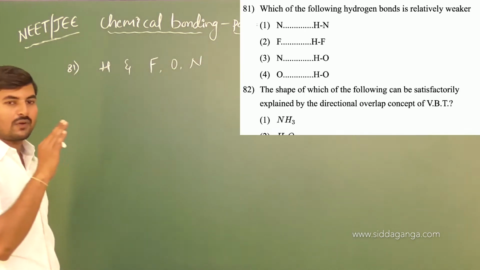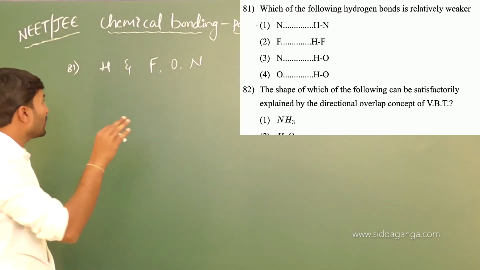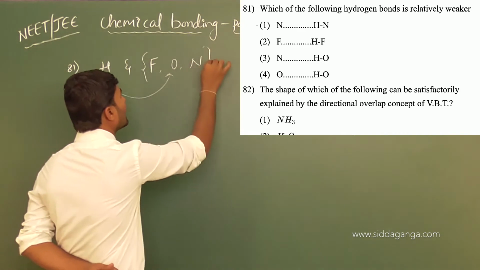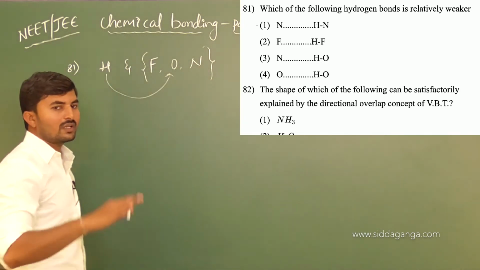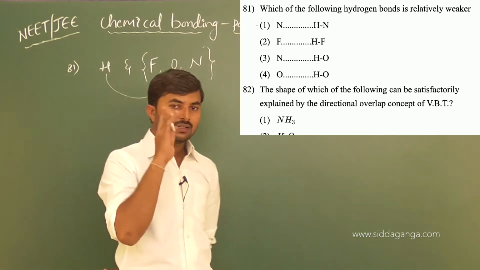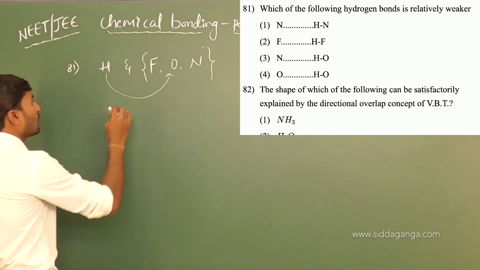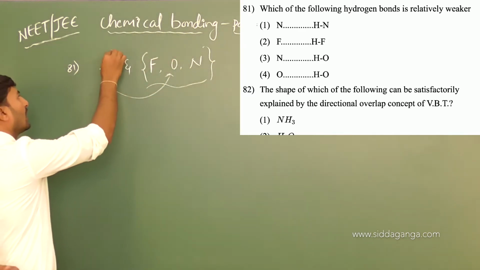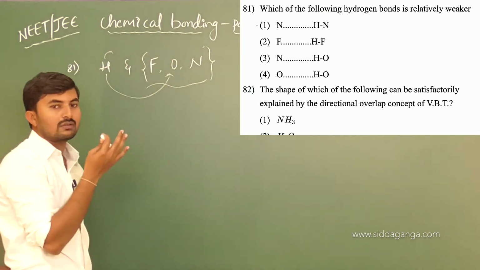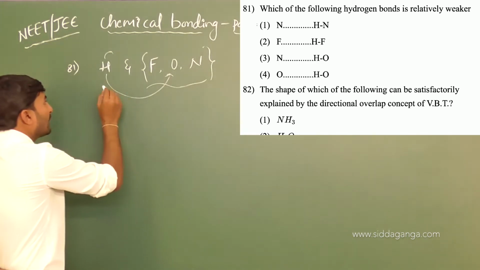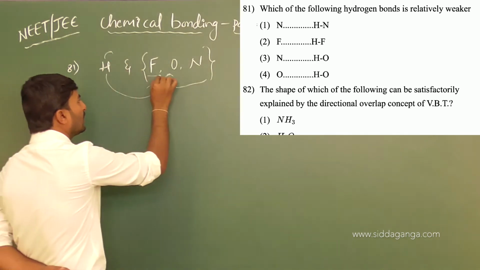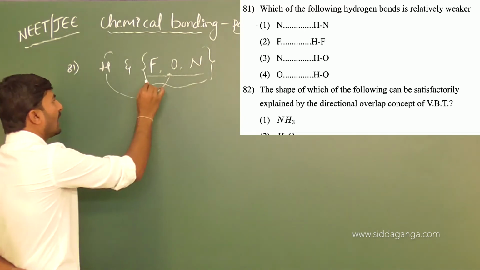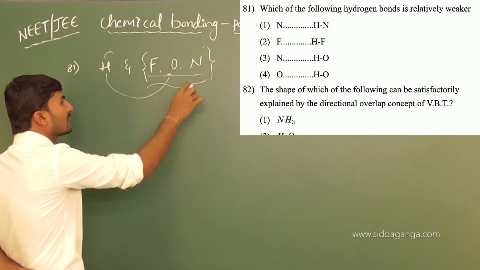In our periodic table many electronegative elements are there, but hydrogen bonding takes place only between these three electronegative elements and hydrogen, not with the other electronegative elements. The strength of hydrogen bonding among these three elements varies with their electronegativity.